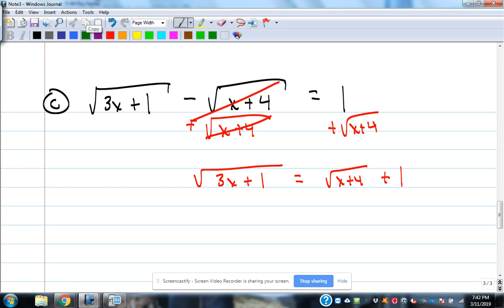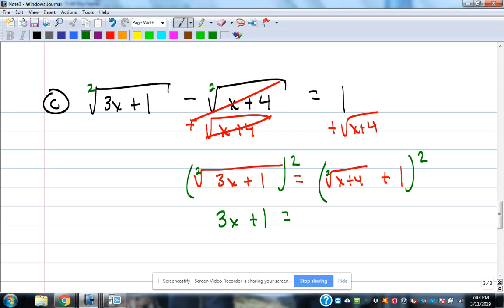Okay. Now I'm going to square both sides to get rid of this radical, because it was an index of 2. Wasn't written there, so it's understood. Index of 2. On the left-hand side, I get 3x plus 1. That's the easy side. The other side, I've got the square root of x plus 4 plus 1 squared.